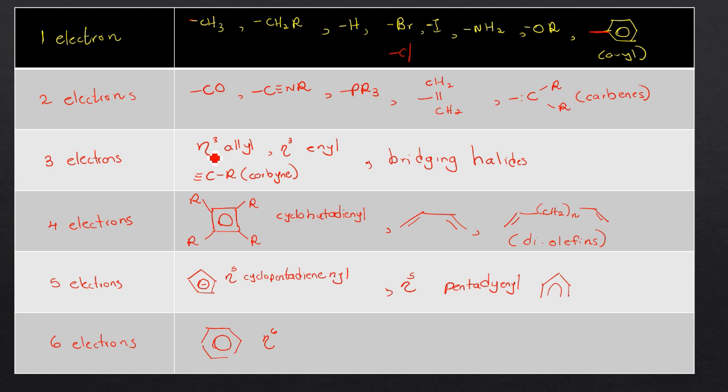I need to tell you about this notation. Here we call it eta notation. I will take an example like this. Let me take another color. Here CH2, CH2.